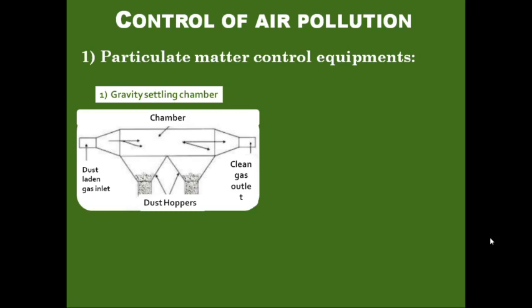At the bottom, you can see two structures named dust hoppers. These are conical structures made at the bottom of this chamber, designed to receive the dust particles which are separated from the polluted air.